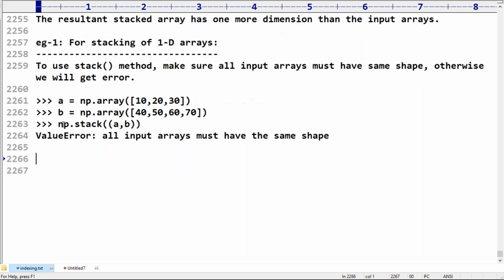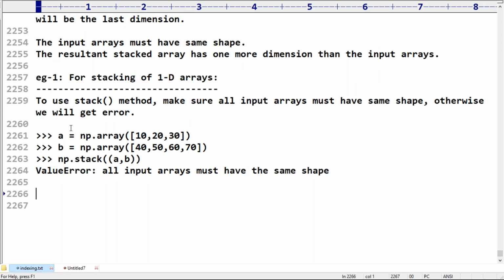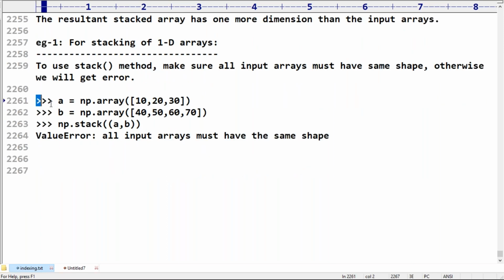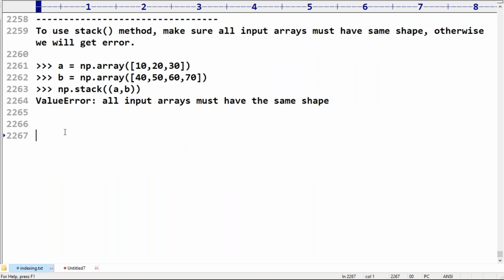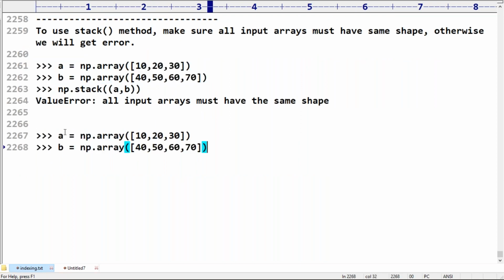Now, both arrays should be of the same shape. How many input arrays are there? Two input arrays are there.